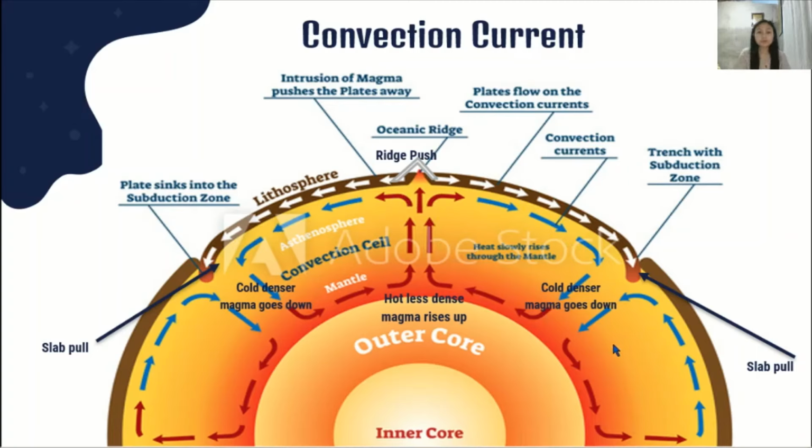And two processes involved is the ridge push, wherein the plates are being pushed from the ridge because of the convection current sa baba. Okay, that is why the oceanic crust subducts in the subduction zone kasi tinutulak siya ng magma from the oceanic ridge.